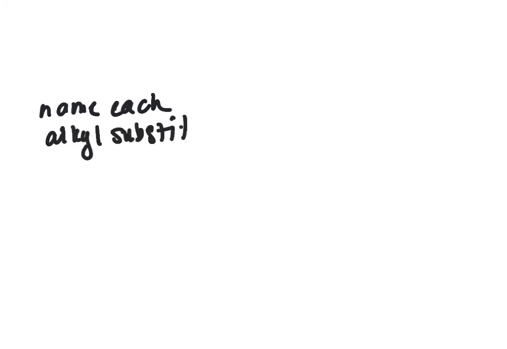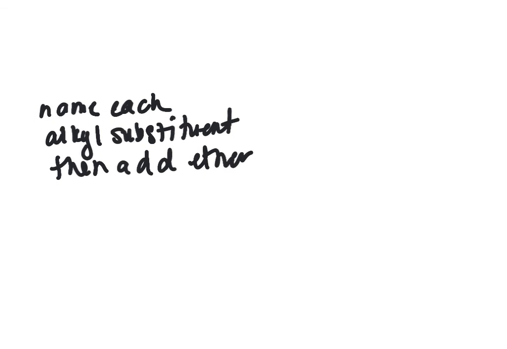Finally, we are going to come to the trivial names for the ethers and the haloalkanes. The trivial names for the ethers derive from the fact that you would just name each alkyl substituent and then add ether.